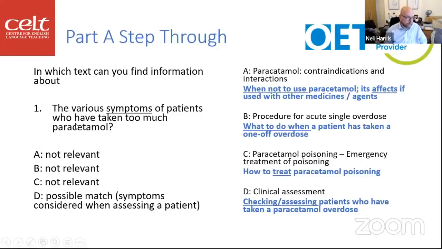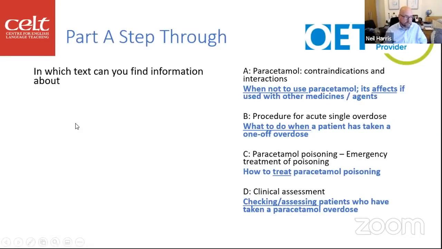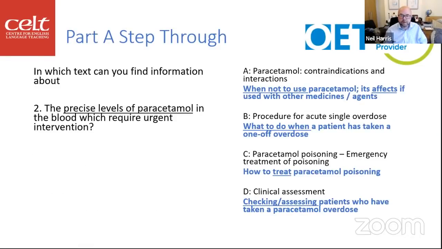Okay, let's try another one. So question 2 asks us, which text is going to give us information about the precise levels of paracetamol in the blood which require urgent intervention?